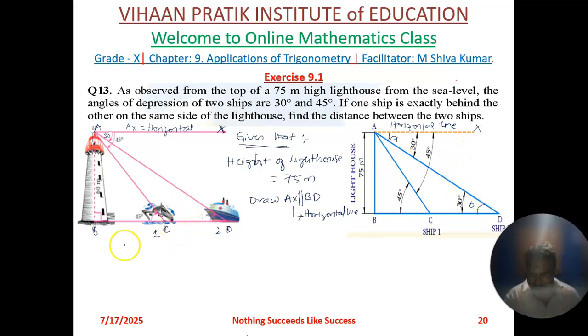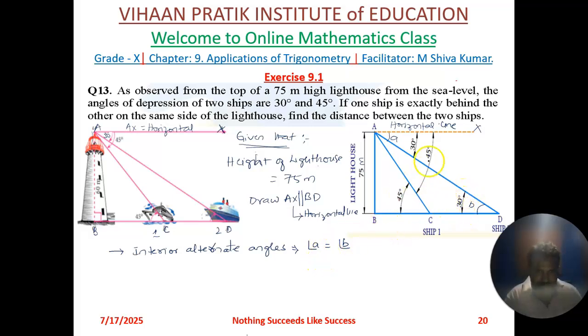So by the theorem of interior alternate angles, angle A is equal to angle B. Therefore, if this angle is 30 degrees, B will become 30 degrees.